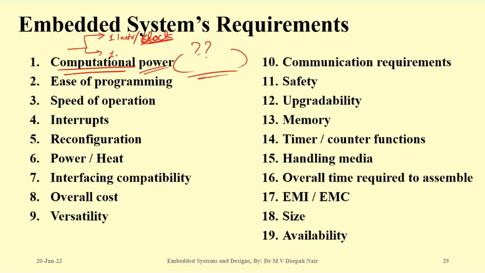And the second company also says my microcontroller can complete one instruction per clock, and both of them are working at 25 megahertz. So computational power is almost the same now, right?